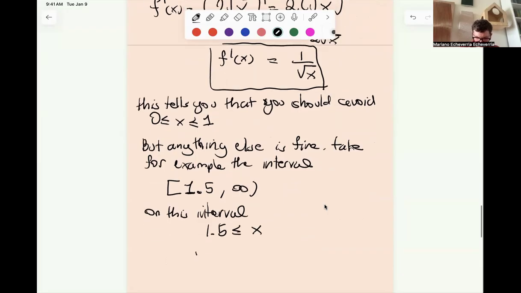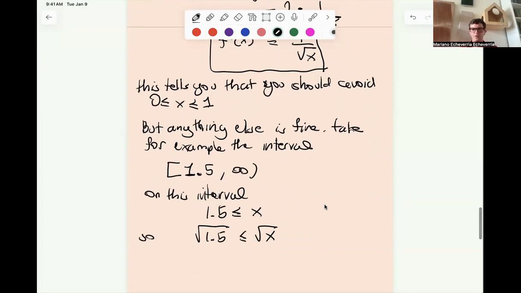So if you take square roots on both sides, you get this, right? And then if you reverse the inequality, you get this. But what is 1 over root of 1.5?